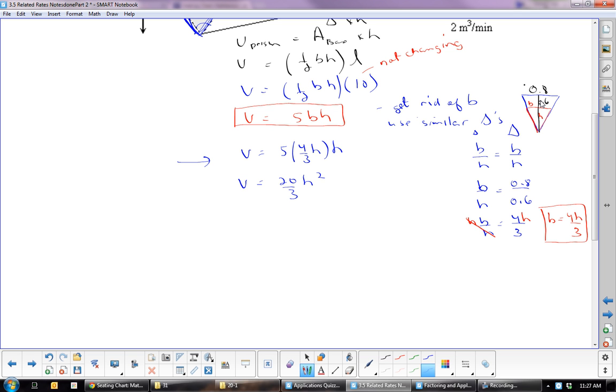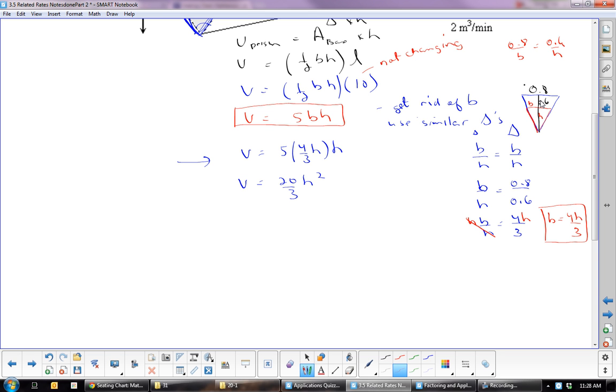You could, if you wanted, do 0.8 over base equals 0.6 over height. You could do it that way too. Does that make more sense? Yeah. So you're doing base to base equals height to height. You should get the same thing, I hope. Yes, you would.